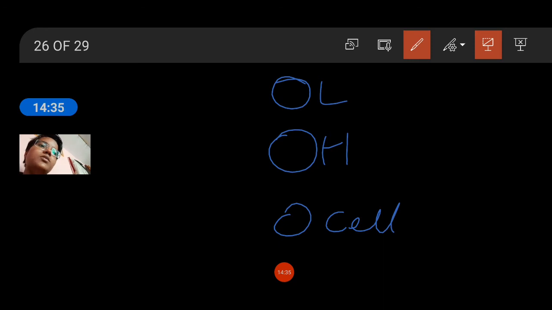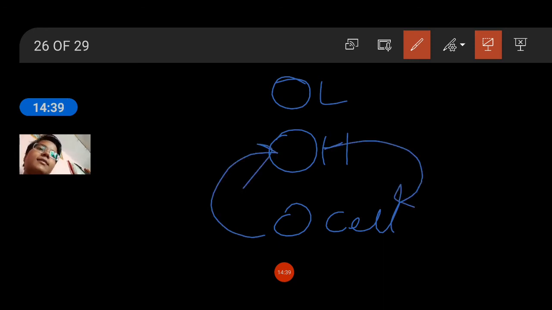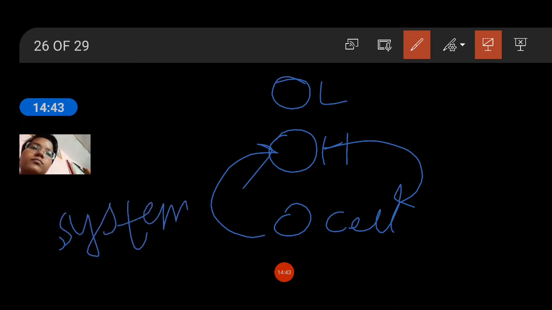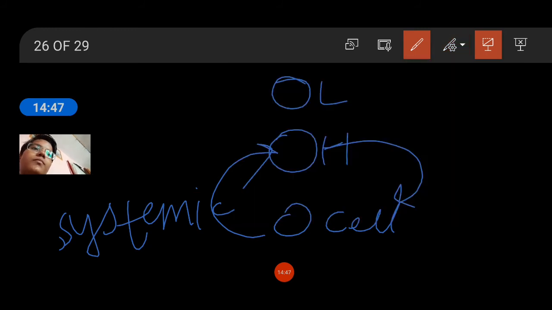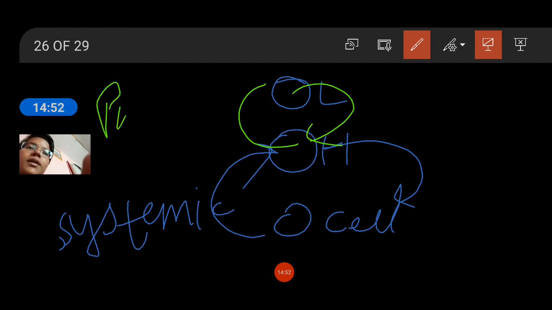When blood goes from heart to cell and cell to heart, it's called systemic, and when it goes from heart to lung and lung to heart, it's called pulmonary.